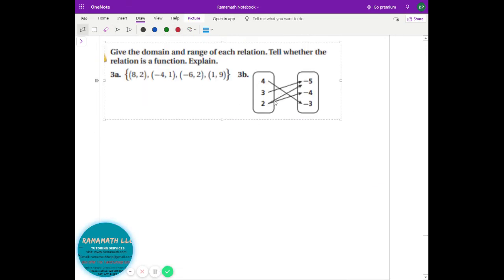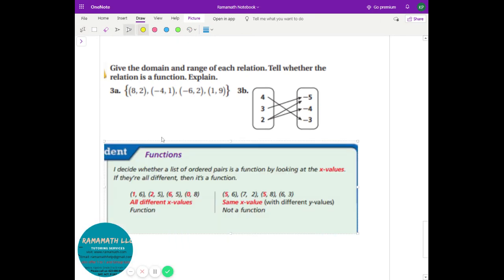So in this one, there are two questions. One, they give you an ordered pair form, and the other one is in set form. So write down the ordered pairs, and then check whether each of them is a function or not. The first one, x values are 8, -4, -6, +2. So they're different.